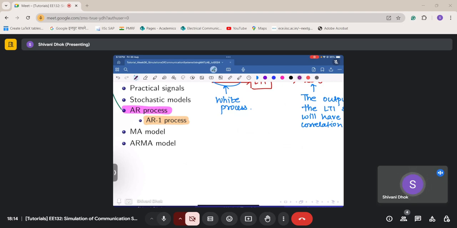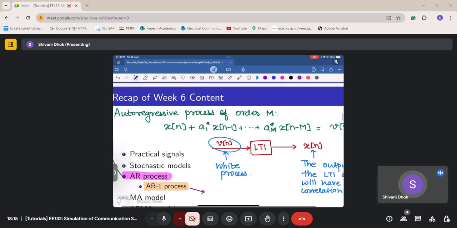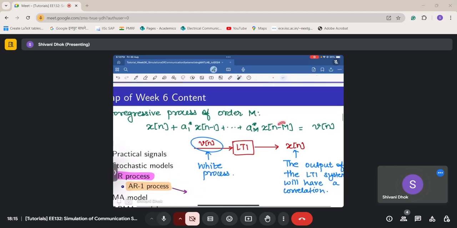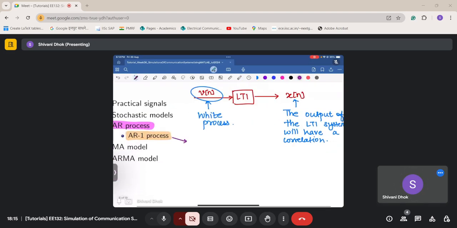We'll look at it afterwards. But for the AR1 process, your capital M is equal to 1, and for that we can write the difference equation like this: x of n equals a x of n minus 1 plus v of n.